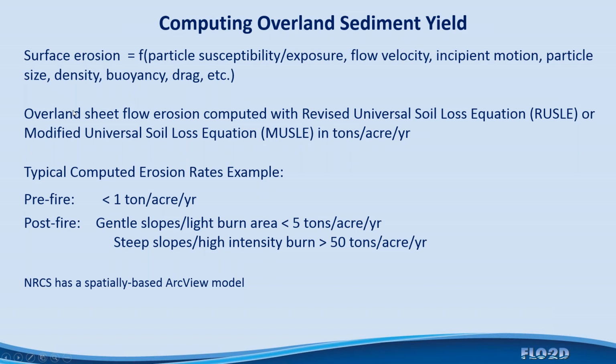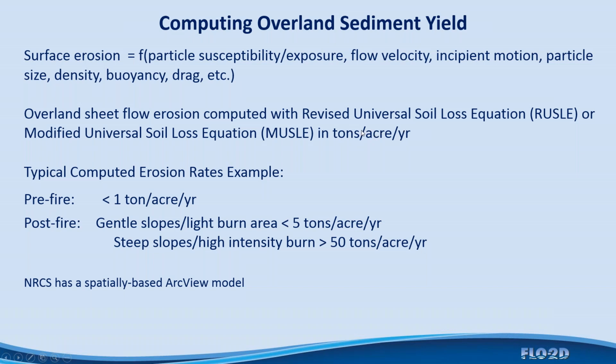Now, a simple way to estimate overland sheet flow erosion, sediment erosion, is to use the revised universal soil loss equation or the modified soil loss equation. This is just an update to the original USLE equation. And this will give you a yield in tons of sediment per acre per year.